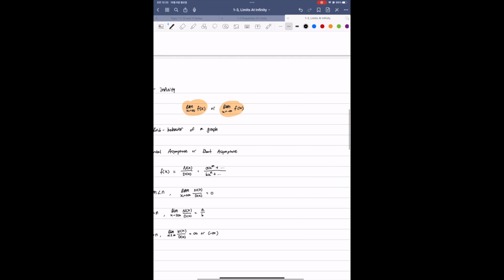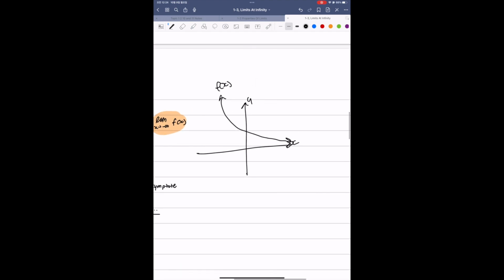So if there's a graph over here, and then there's a graph over here, which is called f(x), then if you're looking for the limit at infinity of this function, we are looking for the endpoint over here.